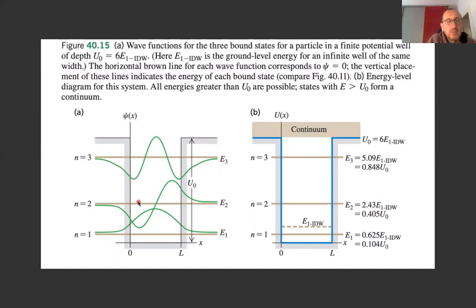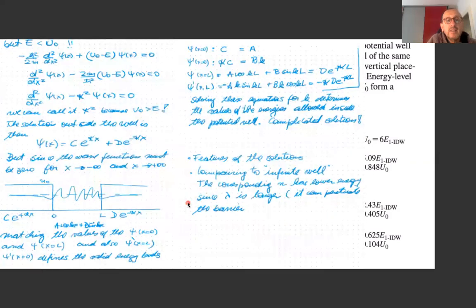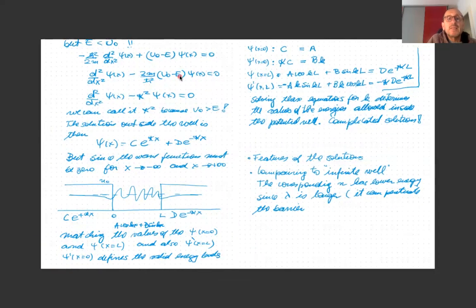Look at the other feature here. The closer you are to the ground level here, the penetration is smaller. Well, when the difference between this and this is very high, it happens that this constant is very high.